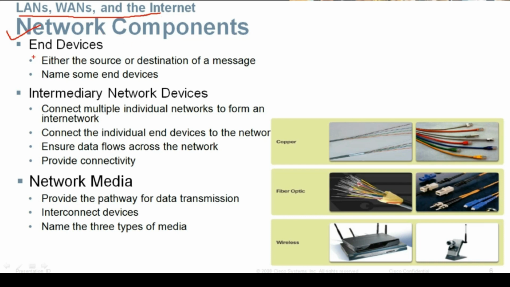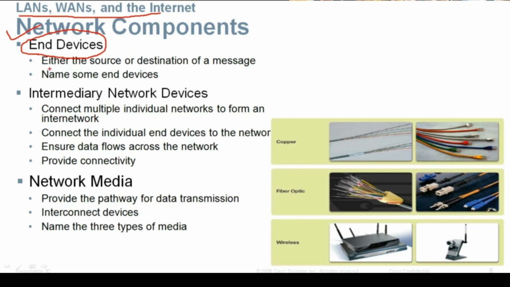So let's say the first component we introduce is the end devices. The end devices are the devices which are connected through networking devices like a switch, hub or router. Any computer, handheld device, smartphone or laptop is an example of an end device, which the user directly uses and interacts with.